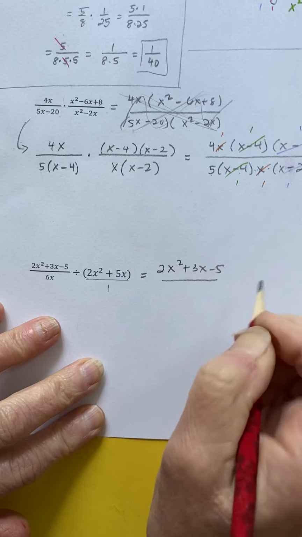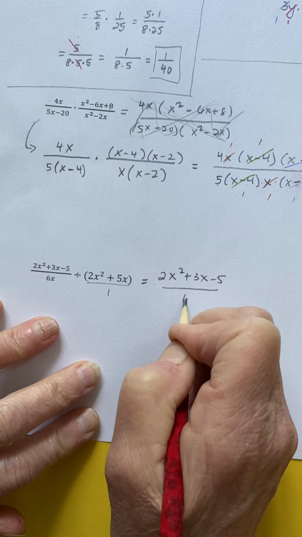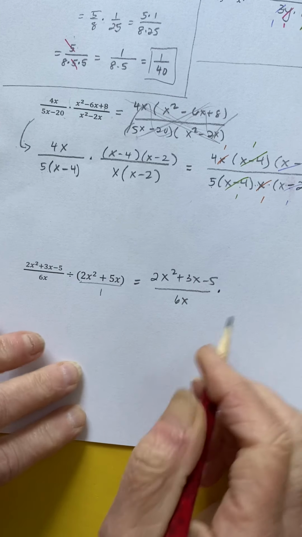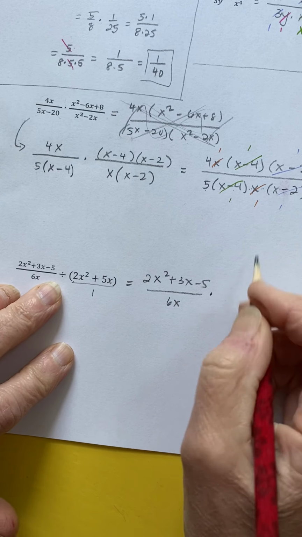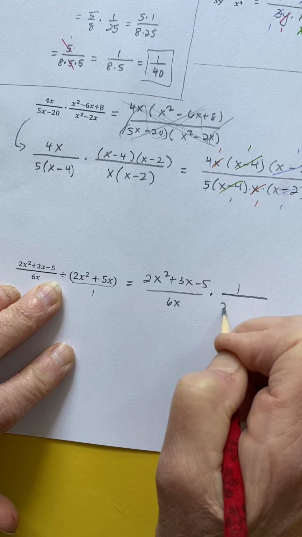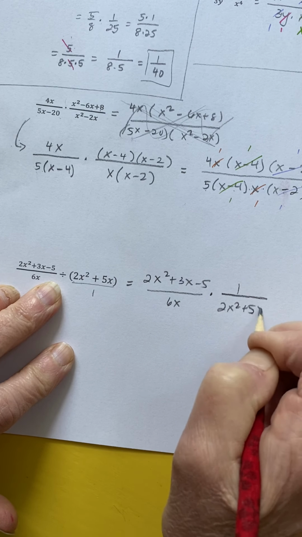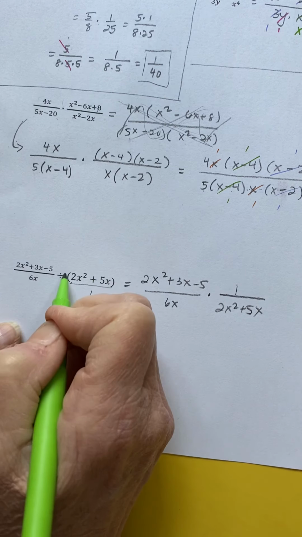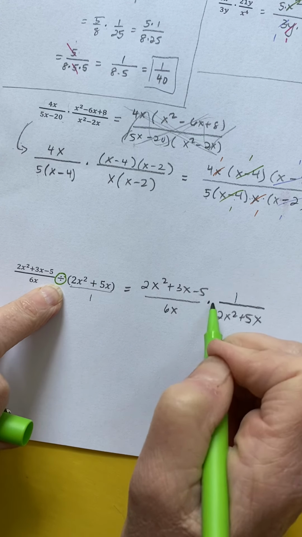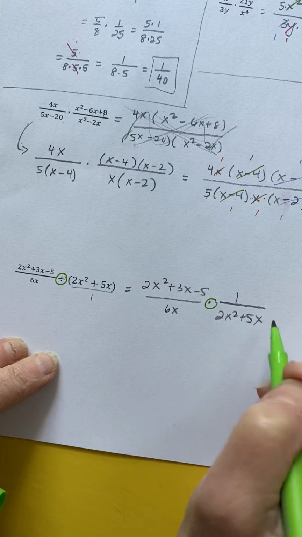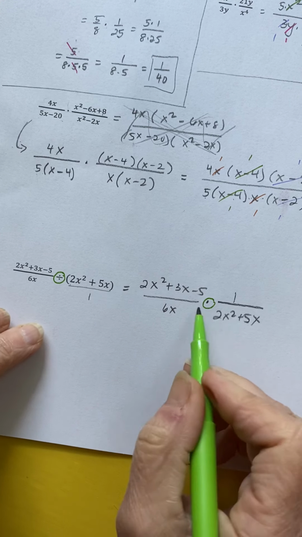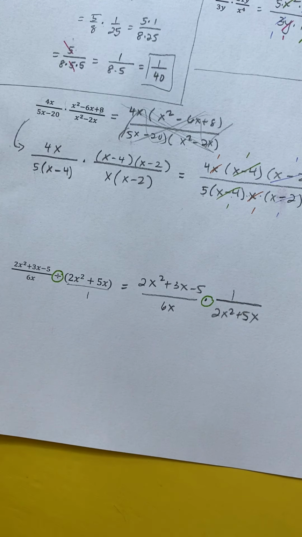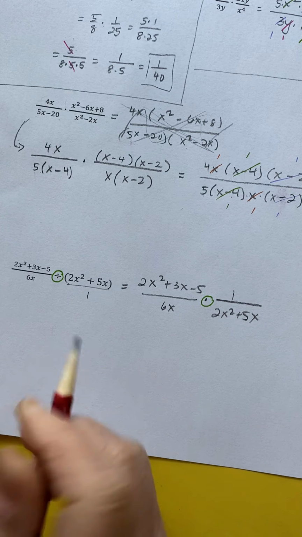So it's 2x squared plus 3x minus 5 all over 6x times 1 over 2x squared plus 5x. So what I did here was rewrite the division sign as a times sign, and what it did was flip this second fraction. Okay, that was my big change.